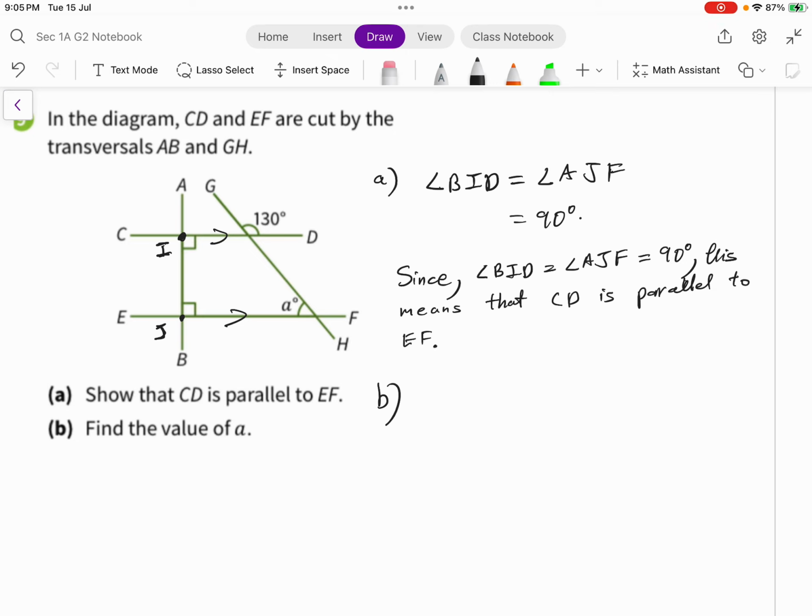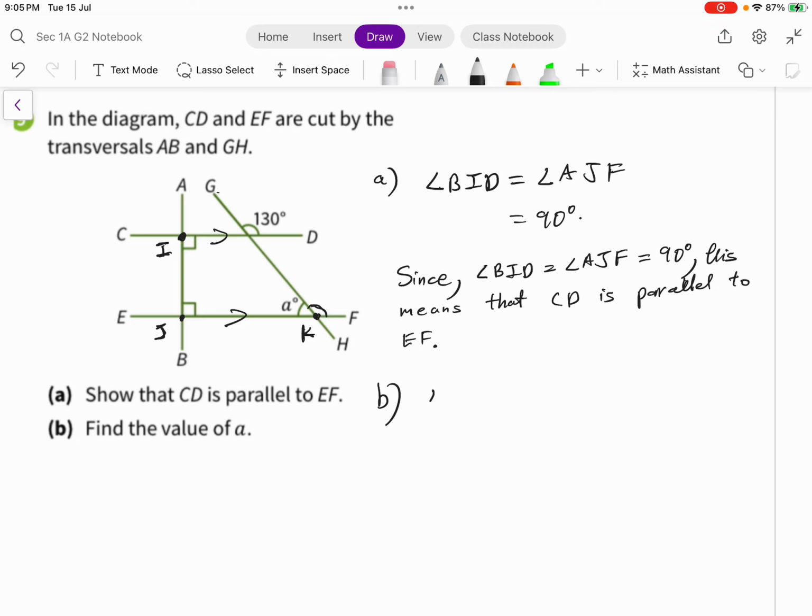Okay, so I have this corresponding angle here. So this angle equals to 132. Right? So let me say IJK. So I'm going to label this point K. Right, so I can mark out this angle.